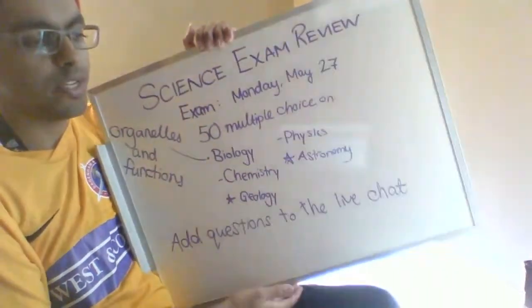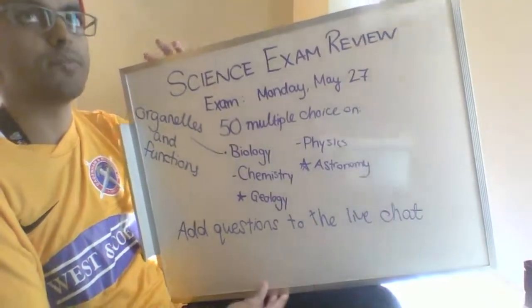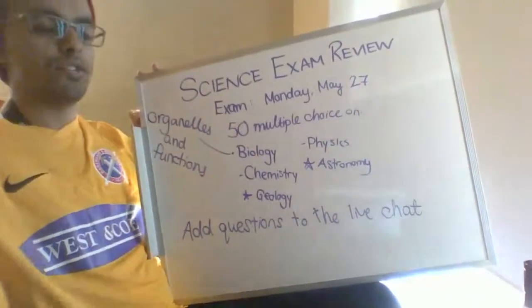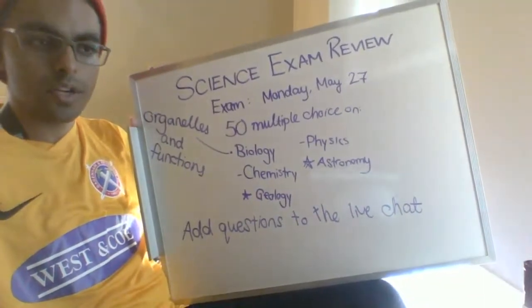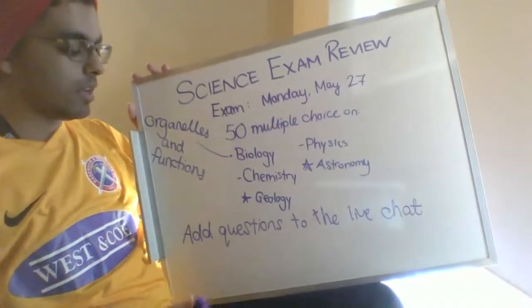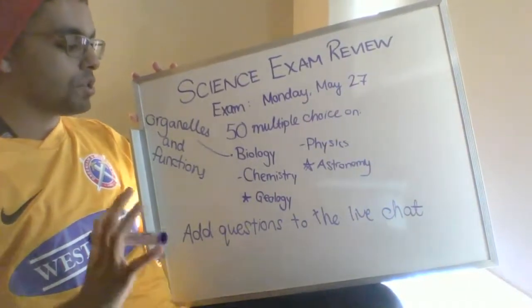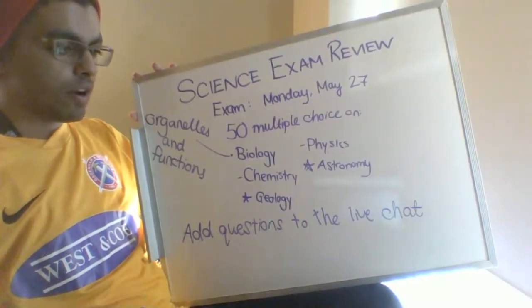It's like if we talked about 7 different types of relative dating in geology, it's not fair for me to ask you about all 7. I'll ask you for 3 or 4 or maybe 5, just that kind of thing. So for biology, know the organelles, just know what their names are and know what their functions are.